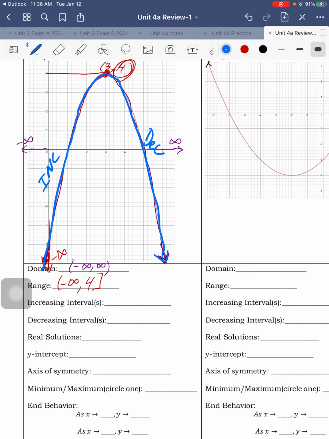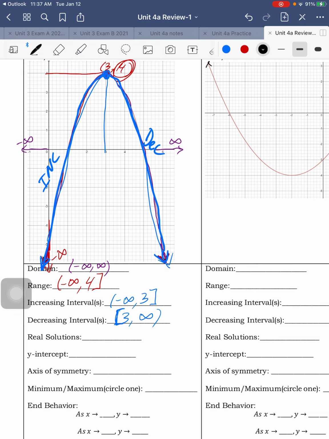Looking at the domain of each part, the first part is coming from the left from negative infinity to the x value of 3. You can put a bracket if you like, or a parenthesis, it does not matter to me. And it's decreasing from 3 to the right forever, to infinity. Again, you could have a bracket here or a parenthesis. I tend to do parentheses, but you can also do a bracket.